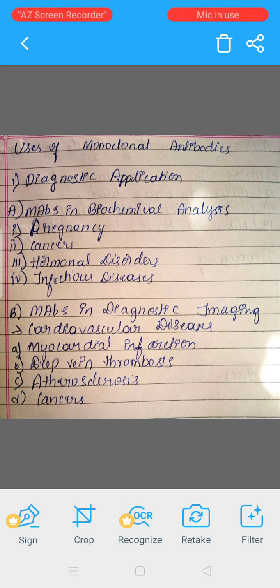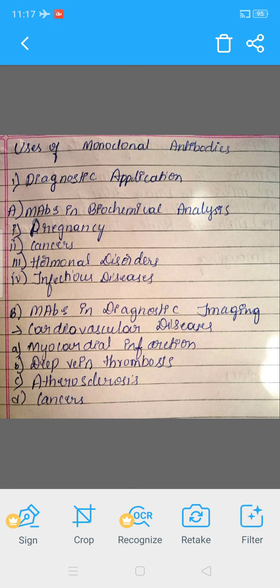And next one, hormonal disorders: analysis of thyroxine, triiodothyronine and thyroid stimulating hormone for thyroid disorders. And infectious diseases: detecting the circulatory levels of antigens specific to the infectious agents.